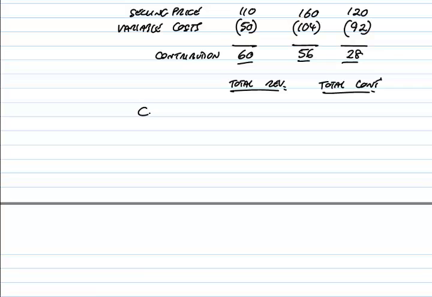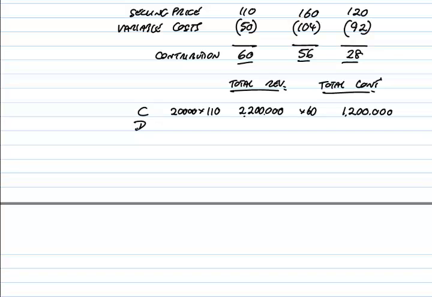Product C, we're making 20,000 units, so the revenue at 110 a unit is what? 20,000, 110 is 2.2 million. The contribution, 20,000 units again, but at $60, is 1.2 million. Got to be careful with my zeros here.